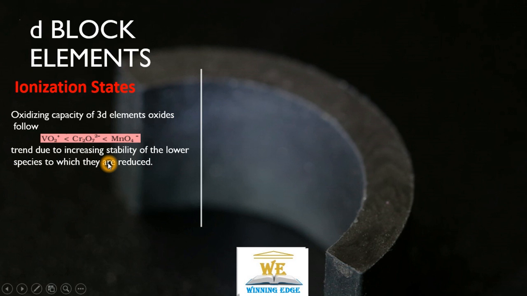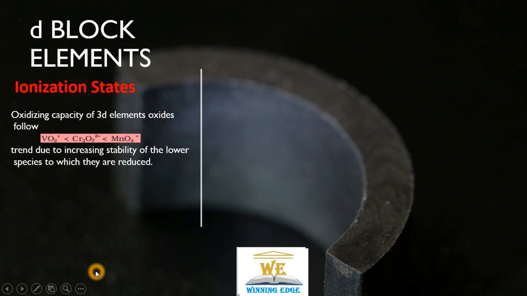So on what factors does the oxidizing power of these species depend, like MnO4 negative, permanganate, dichromate, followed by vanadium. This is VO2 positive.